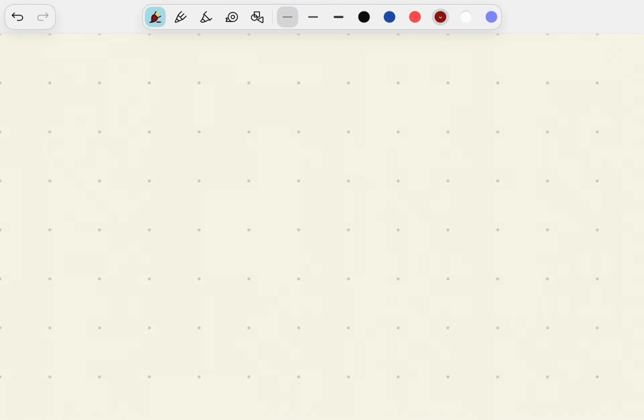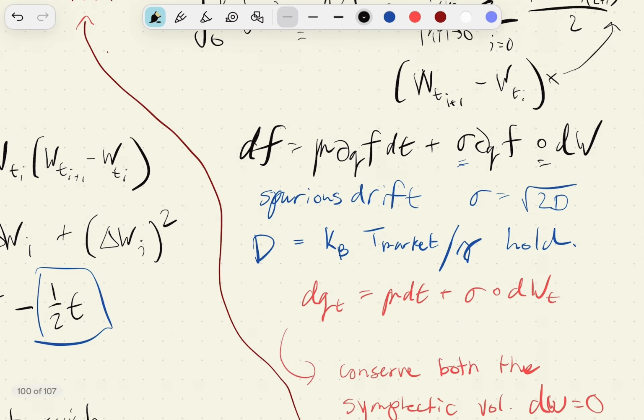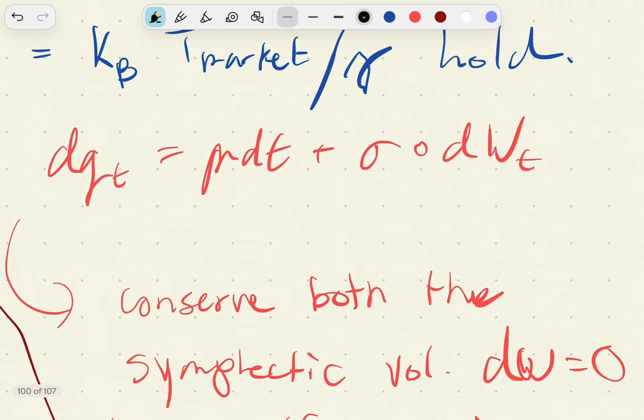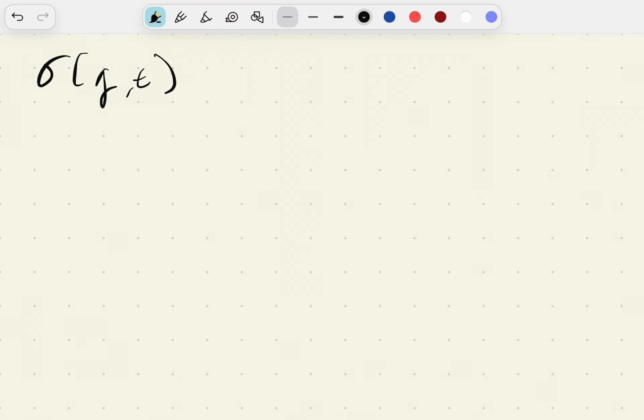But because the drift coefficient, let's say the drift coefficient itself may depend on time, right? This guy here. It could probably depend on time and the price space or whatever. Basically, it depends on the state, right?